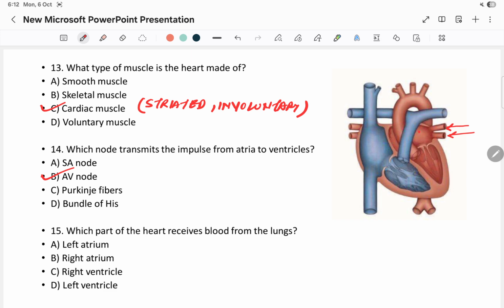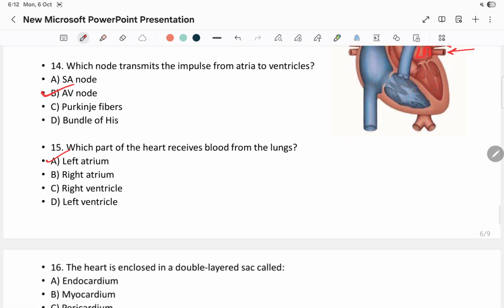So the left atrium receives the oxygenated blood from the lungs via the pulmonary veins. Clear? So the correct answer is option number A, left atrium. Next question.